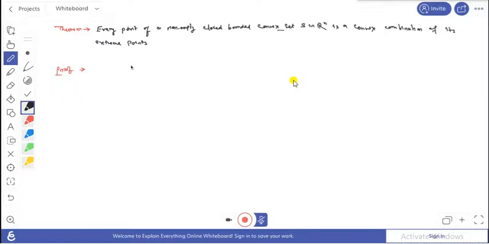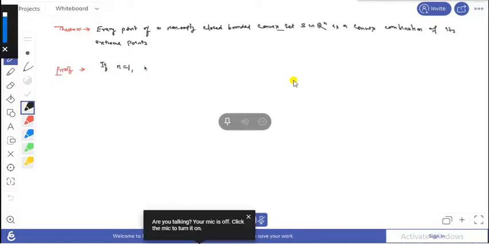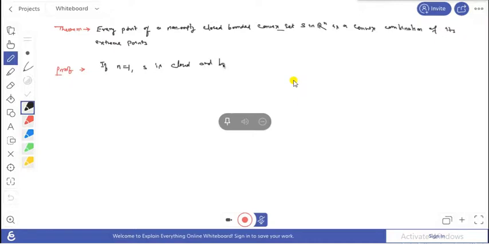This proof also uses mathematical induction, induction on the number of dimensions n. So we start with n equals 1, where S is closed and bounded. This means you take any set S on a real line that is closed and bounded, and this is your set S, which belongs to R1 space.